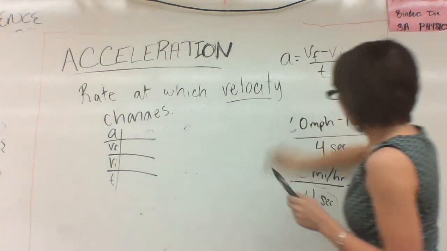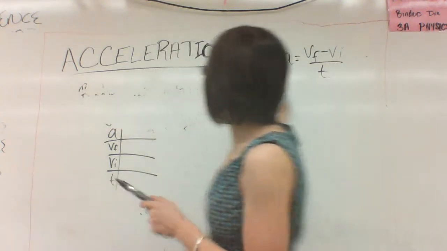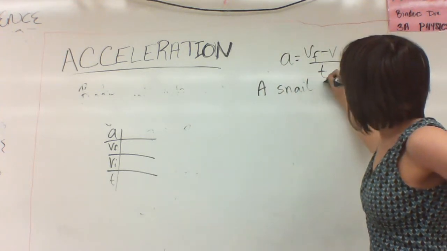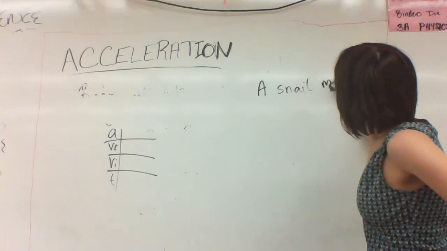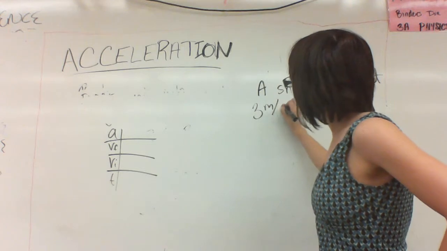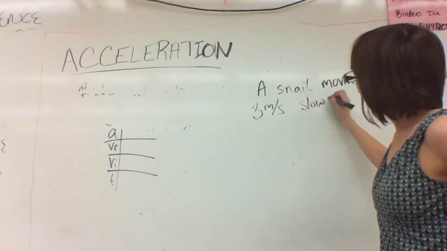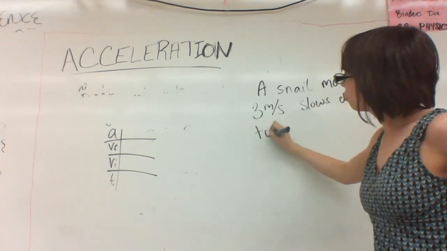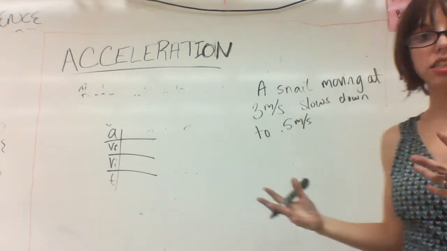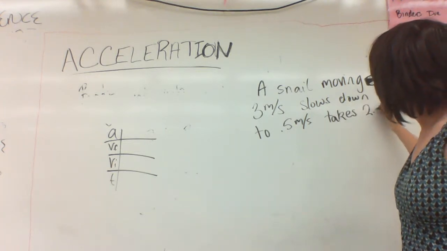And I'm going to say, let's say a snail moving at 3 meters a second slows down to half a meter a second, and this whole change in velocity takes 2.5 seconds.